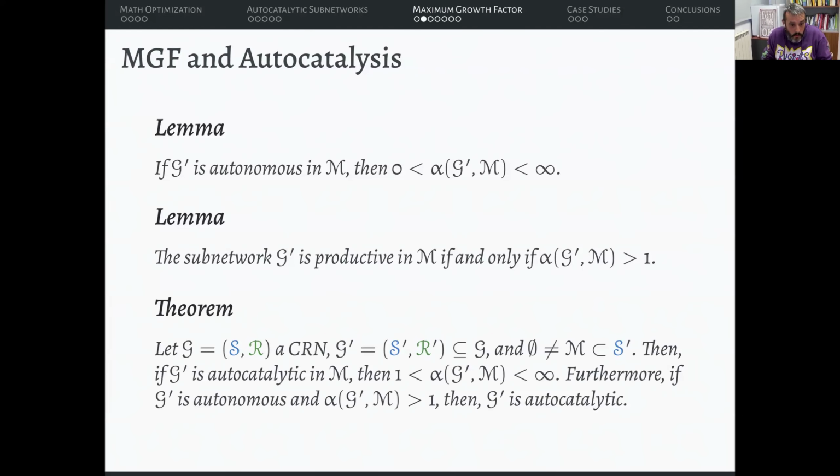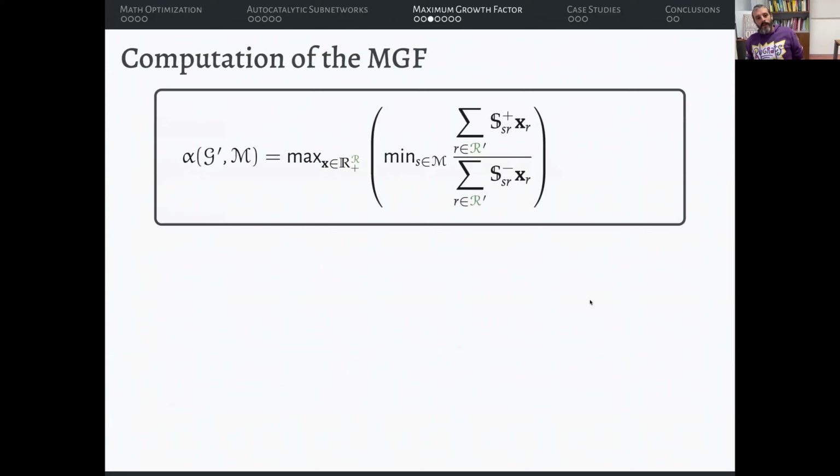So if we compute the maximum growth factor of a subnetwork and the subnetwork is autonomous, then autocatalysis translates into a value greater than 1 in the maximum growth factor. In general settings, autocatalysis is the same as finding a maximum growth factor greater than 1.